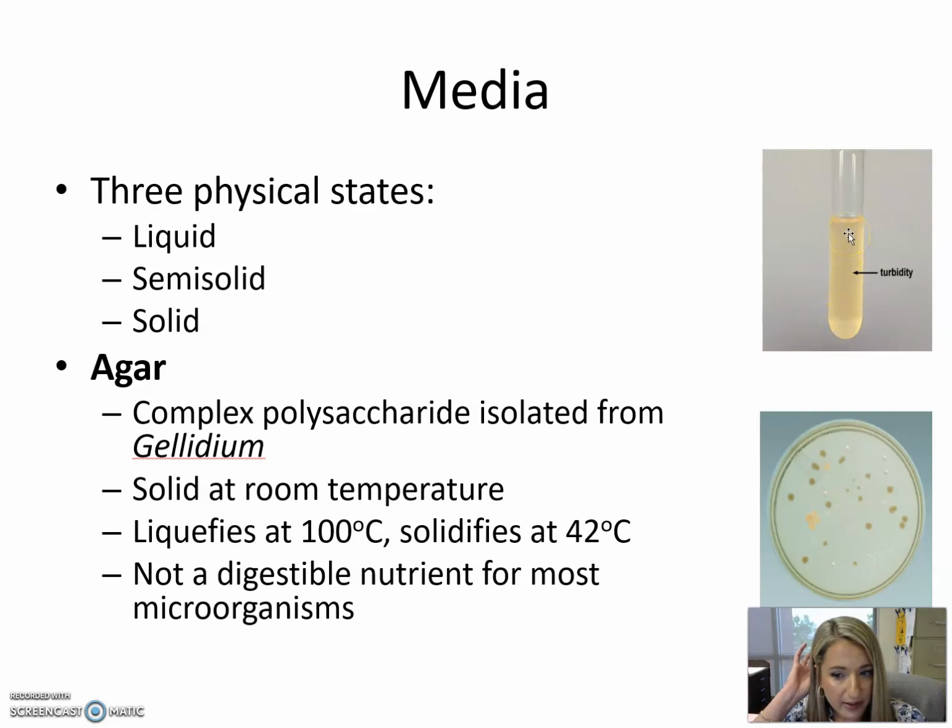However, once we've grown bacteria, the broth will get very cloudy because of bacterial growth. And in micro, we don't really say cloudy. We say the solution has turbidity or is turbid. But anytime a broth is turbid, that is a good indication that bacterial growth is present.